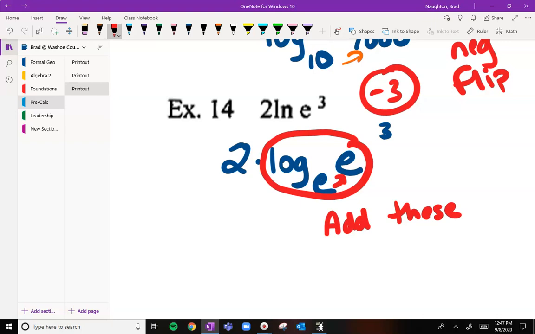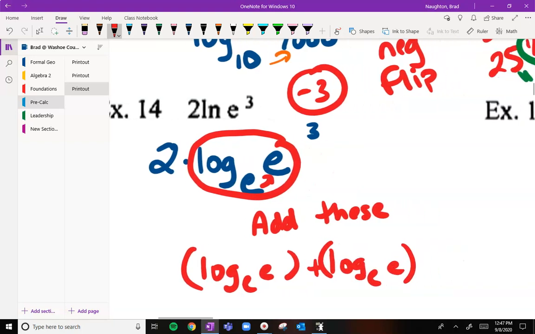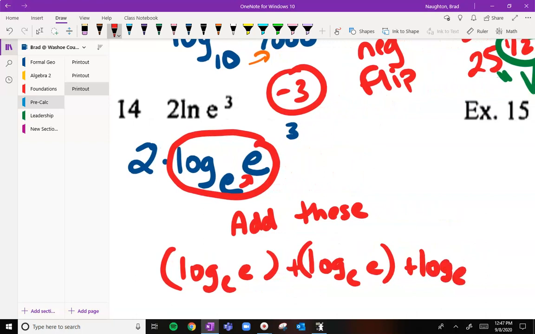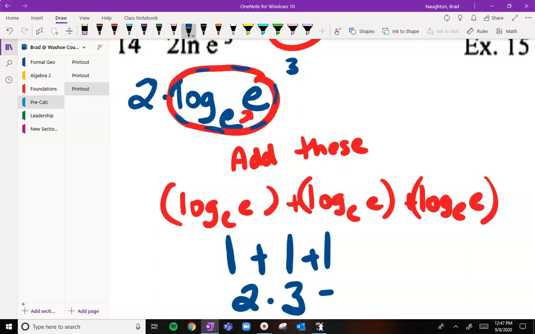So when we have a log of something to another power, that's like saying log base e of e, take that answer, plus log base e of e, take that answer, and log base e of e, take that, and add it together. As we just mentioned, how do we go from e to itself? That's a 1. So 1 plus 1 plus 1, which is 3. 2 times 3 is going to be 6. Cool? Now, that got a little confusing, so let me show you something else that's kind of easy.